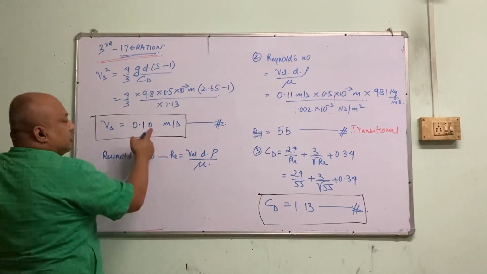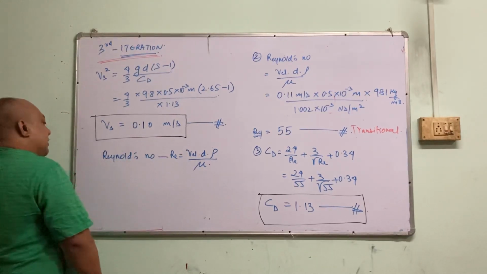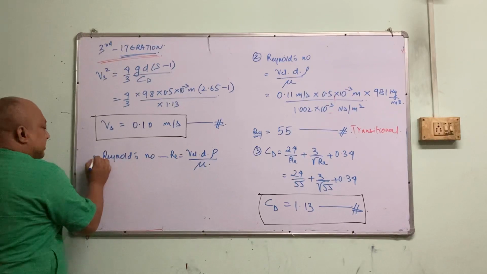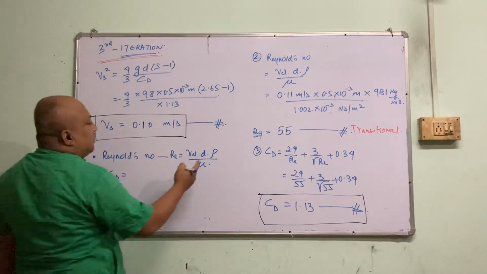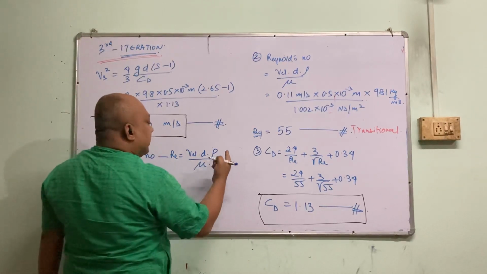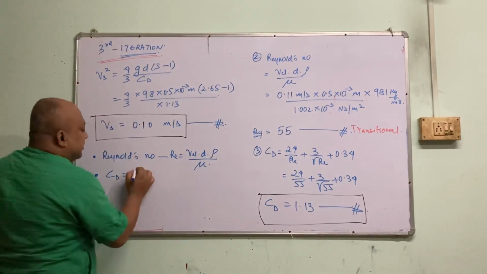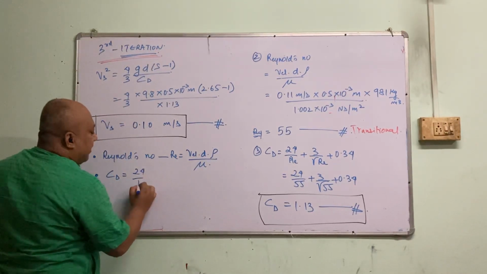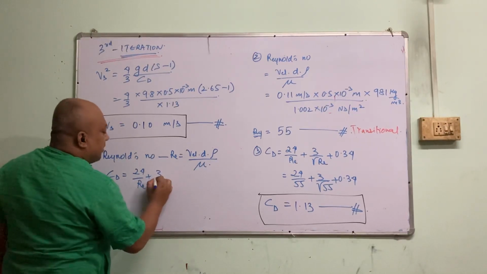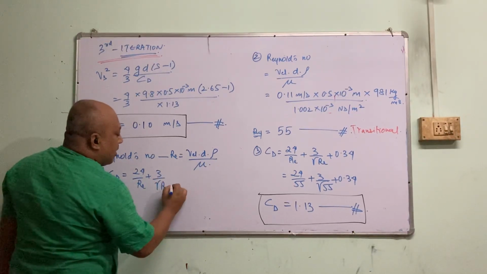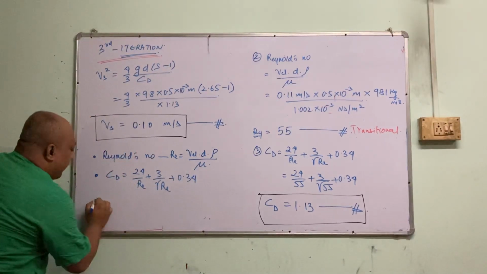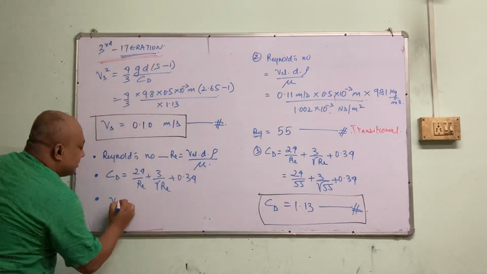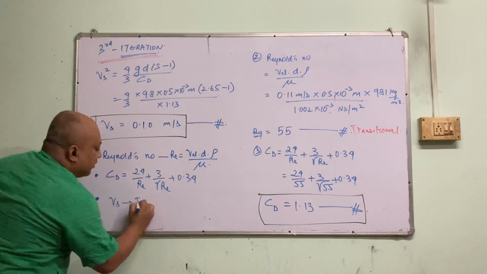Then next you find CD, and this value will be again in the transitional mode. So CD is equal to 24 by RE plus 3 by root over RE plus 0.34. Then you find again the settling velocity using terminal velocity.